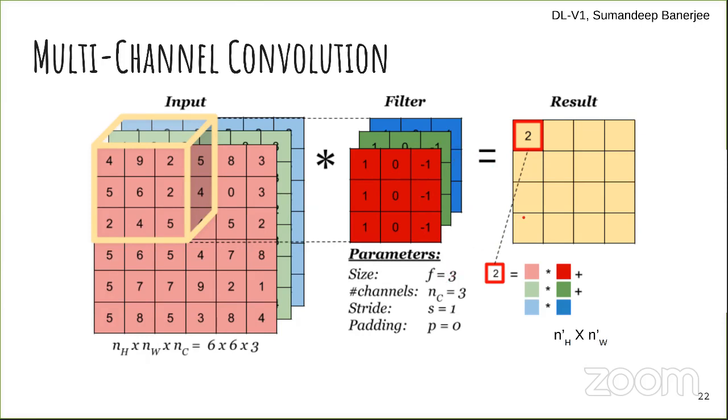And to compute the output is pretty simple. We apply the three different filters to the channels separately, compute the weighted summation of each filter, and then add up the outputs of all three filters into the output, right?